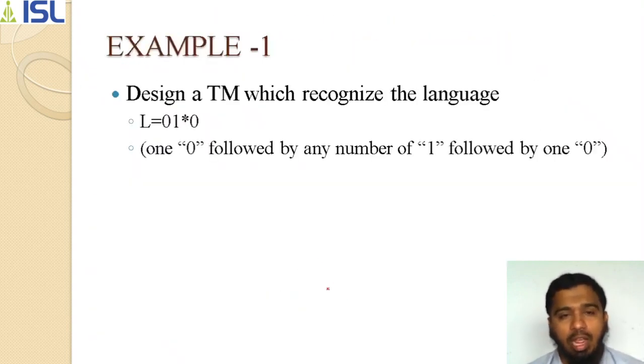Okay. Next, the example. We have this question. What is the question? L is equal to the language 0 1 star 0. What does it mean? How can we read this? 1 0 followed by any number of ones. 1 star means any number of ones followed by 1 0.